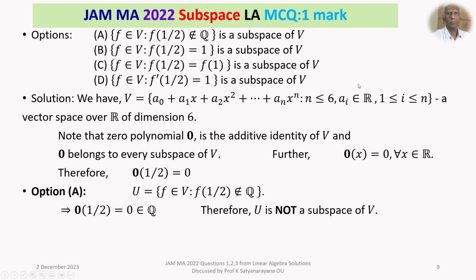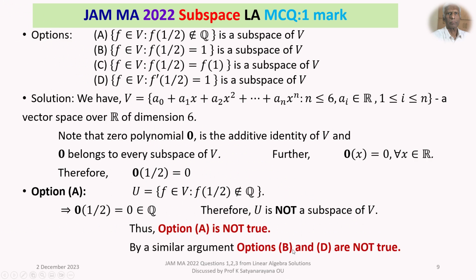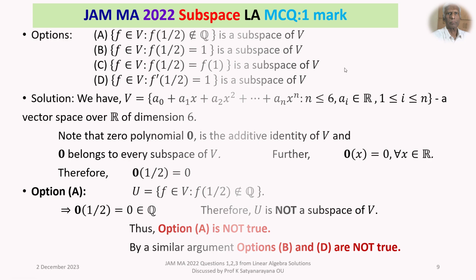Therefore, it is not a subspace. So option A is not true, and by similar arguments, you can show option B and option D are not true. So the answer is option C. But I will show you how this is a subspace.